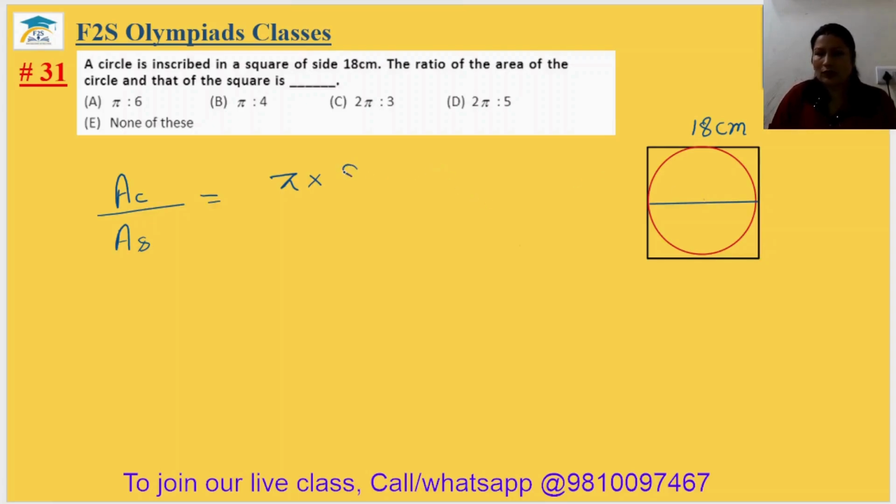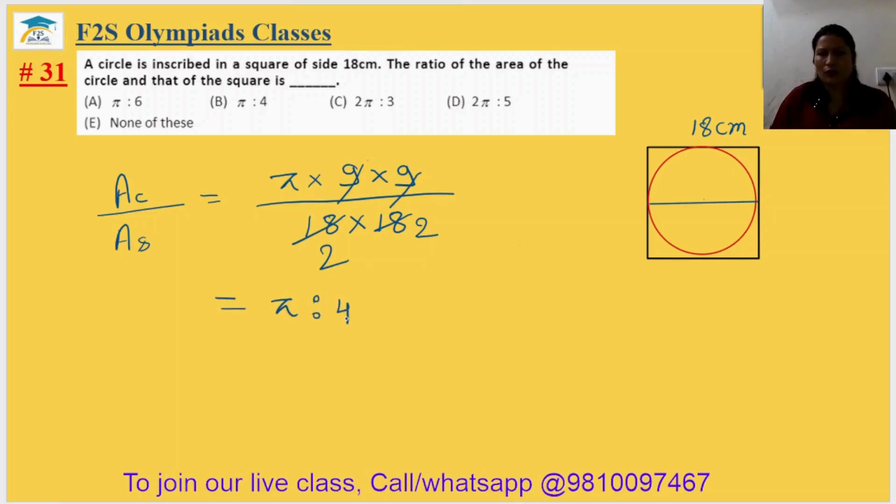So that is 9 square. So 9 multiply by 9 upon AS. AS is the area of the square, that will be 18 multiply by 18. So 9 2s are 18, 9 2s are 18. In this way, we can say pi is to 2 2s are 4. That is in option number B. So 31 answer will be option B.